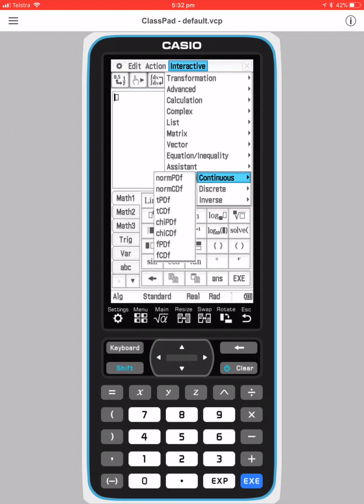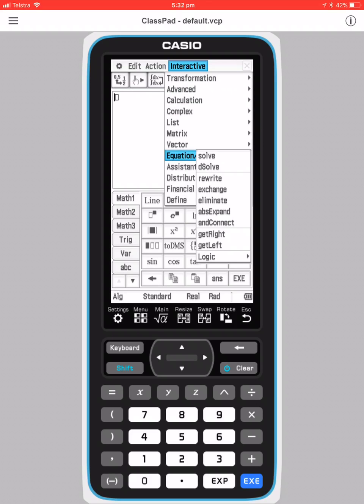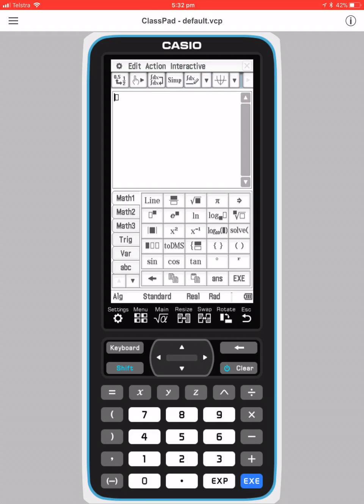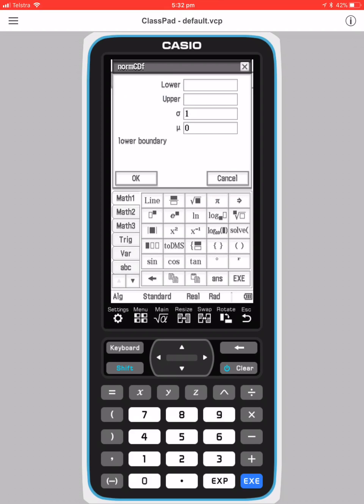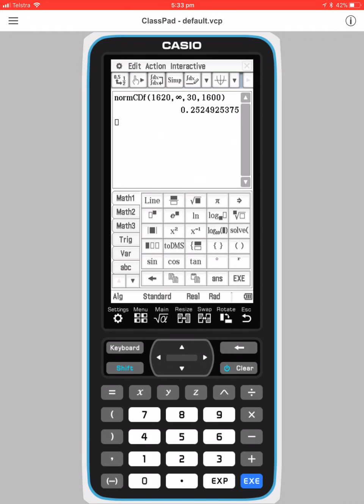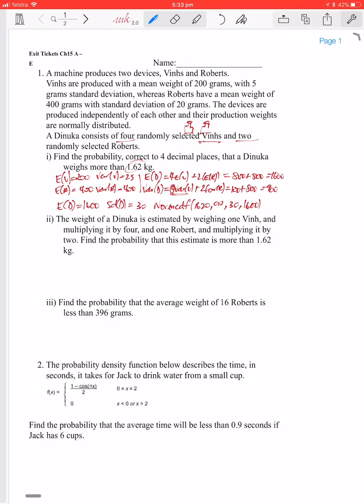Interactive, distribution, continuous, norm CDF, lower 1620, upper infinity, 30, 1600. Okay, 0.2525.